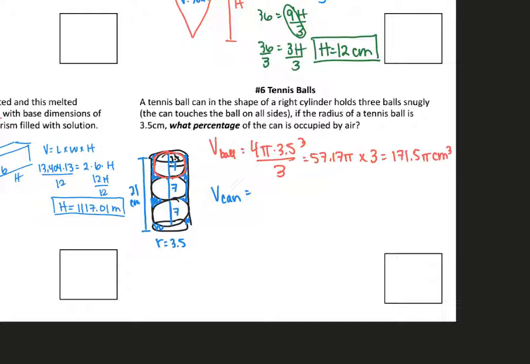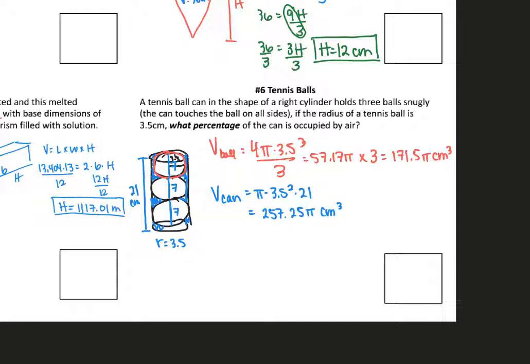So we actually do have the height. It's going to be 21. So this is going to give us the volume of the can. So 3.5 squared times 21 is going to be 257.25 pi. My units are centimeters cubed.